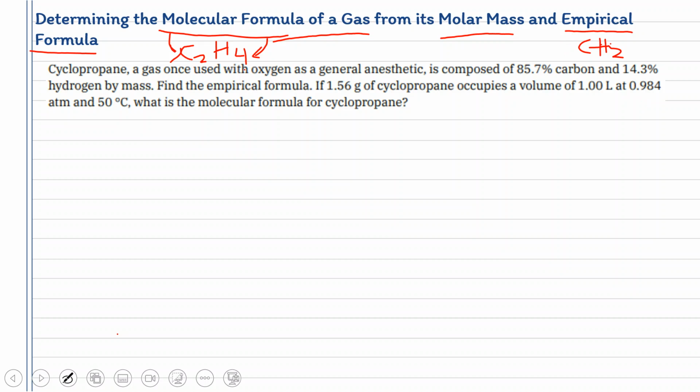So we're saying that cyclopropane, a gas, was once used with oxygen as a general anesthetic. Now I'm going to leave you to figure out what an anesthetic is. Go and read what an anesthetic is.